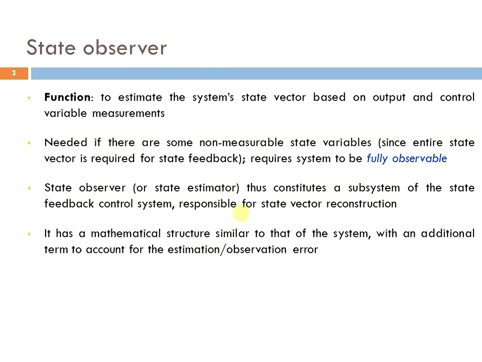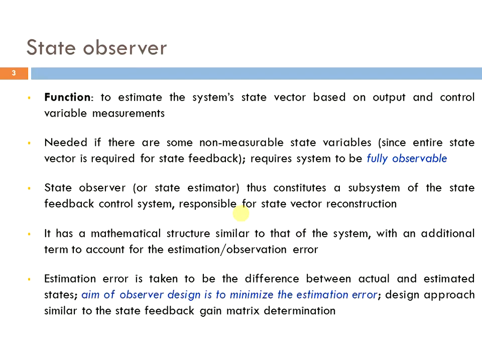The state observer can be considered to be a subsystem of the entire control system, and because we are trying to estimate the state vector, the mathematical construction of our state observer is in many ways similar to that of the plant or the system to be controlled, with a few additional terms.